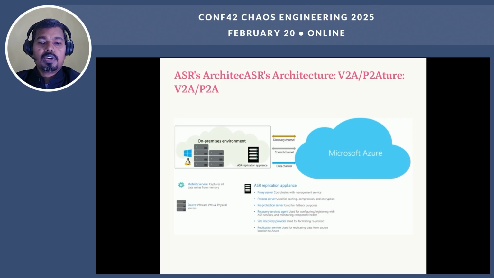Let's talk about how ASR helps to protect VMware virtual machines and physical servers by replicating them to Azure. Many organizations still run critical workloads on VMware environments or on physical servers, whether in their data center or in co-location facilities.